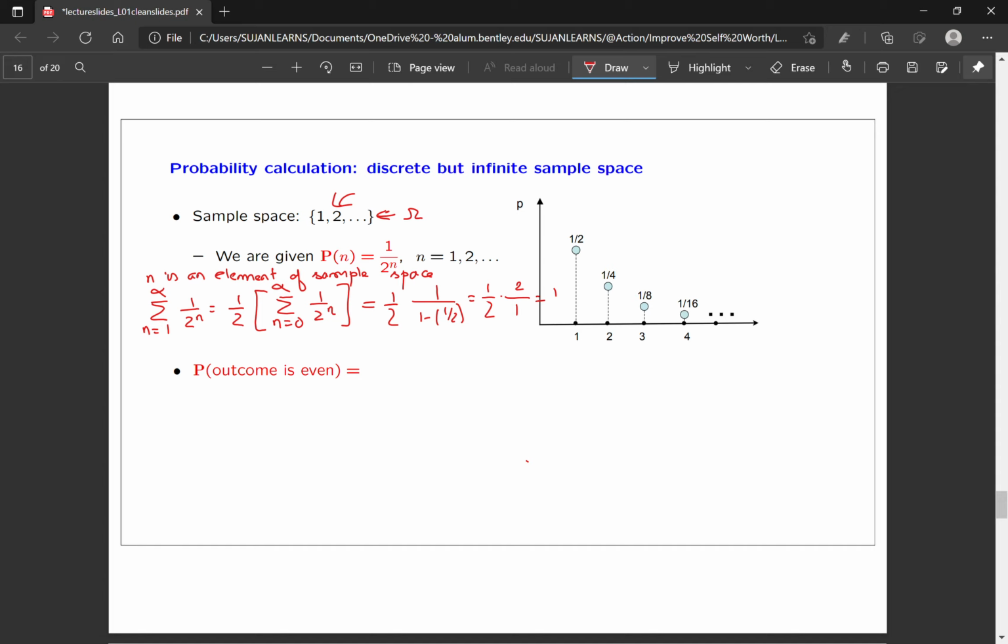Third step is to calculate probabilities by defining some event. The event we are defining is the outcome being even. That is, an infinite set which has even numbers of tosses.